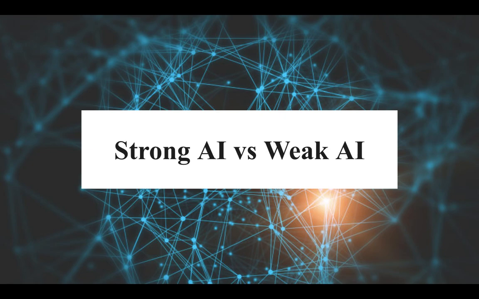This is the kind of AI we see in movies like the robots from Westworld or the character Data from Star Trek: The Next Generation. This type of AI doesn't actually exist yet. The creation of a machine with human level knowledge that can be applied to any task is the holy grail for many AI researchers. But the quest for artificial general intelligence has been fraught with a lot of difficulty.